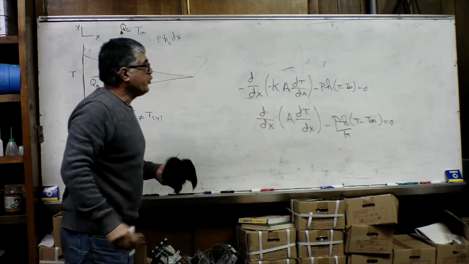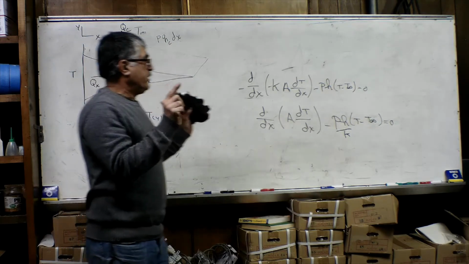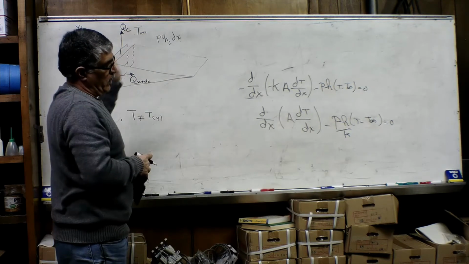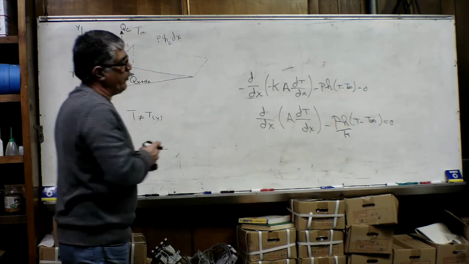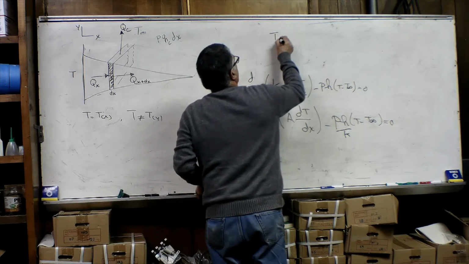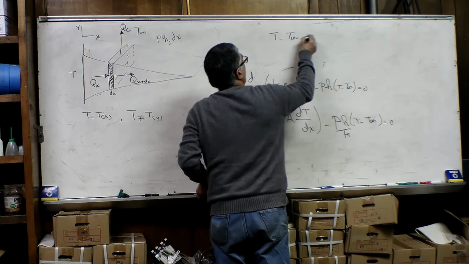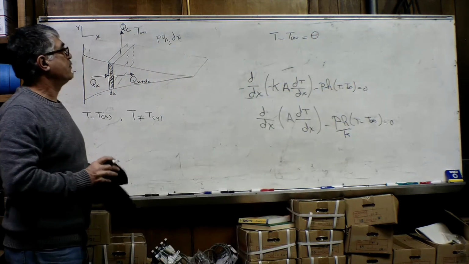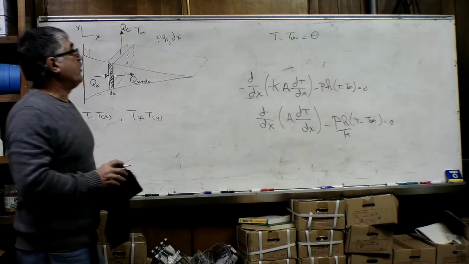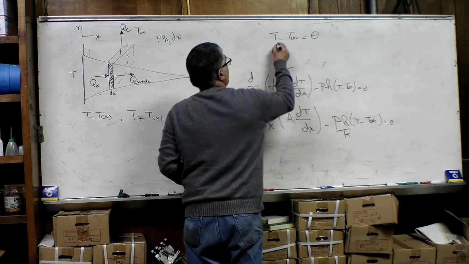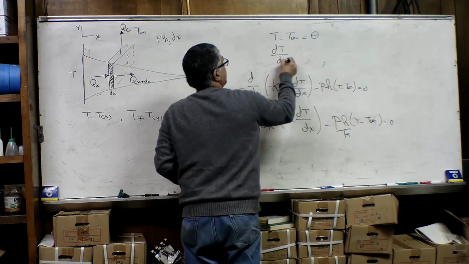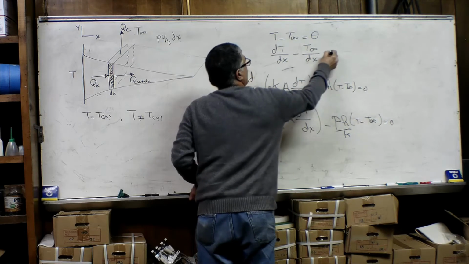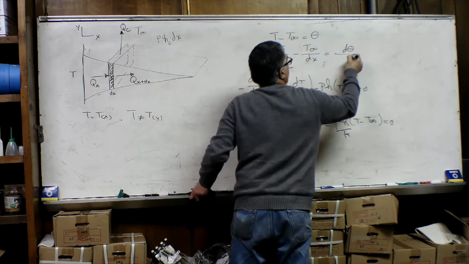Now, let's assume that the difference in temperature from the temperature of our part to the surrounding air temperature, T minus T infinity, is equal to theta. If we differentiate that, we are going to have dT over dx minus dT infinity over dx equal to d theta over dx.